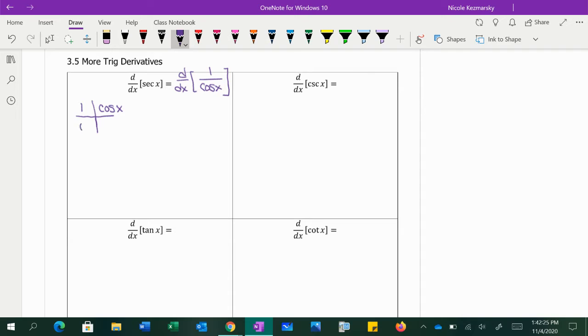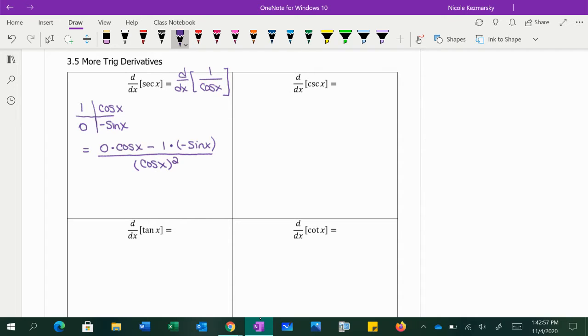The derivative of 1 is 0. The derivative of cosine is negative sine of x. So we're going to set up our derivative. We're going to do 0 times cosine of x minus 1 times negative sine of x all over cosine of x squared.